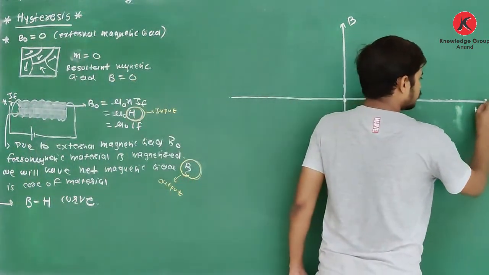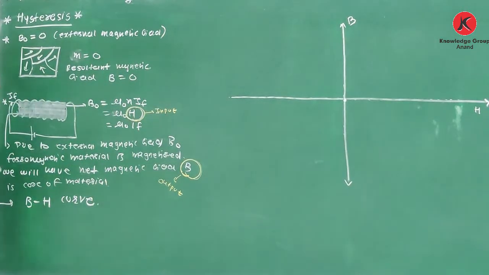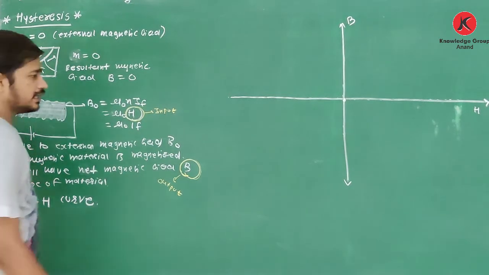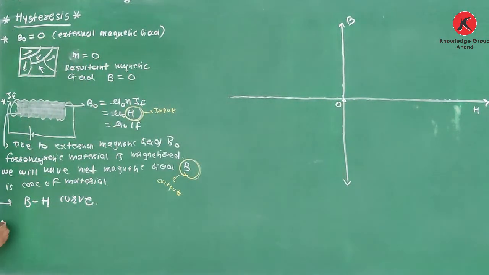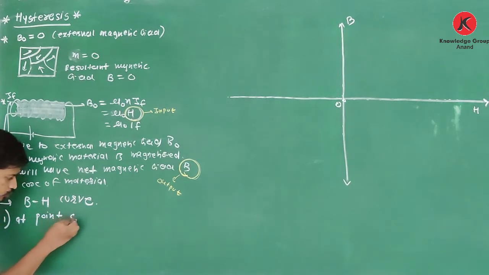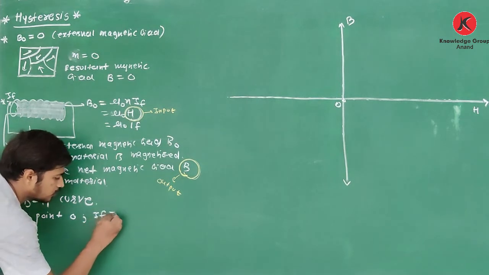Now see, you have to remember, or you have to see each and every point. How? When the current flowing through this solenoid is zero, like this point O. At point O, let the current flowing from the solenoid IF be equal to 0.